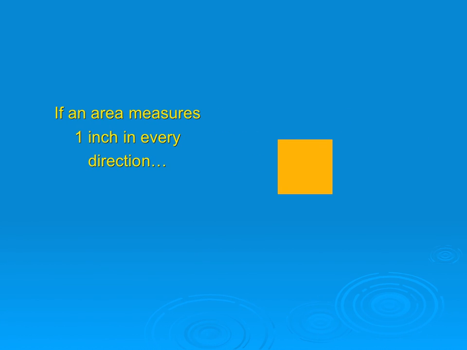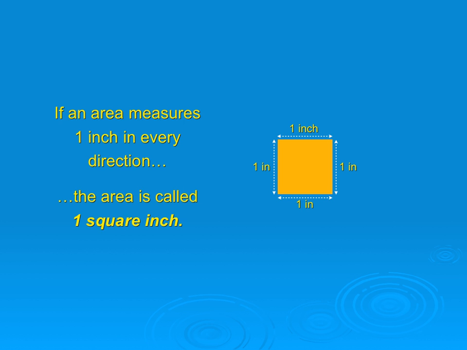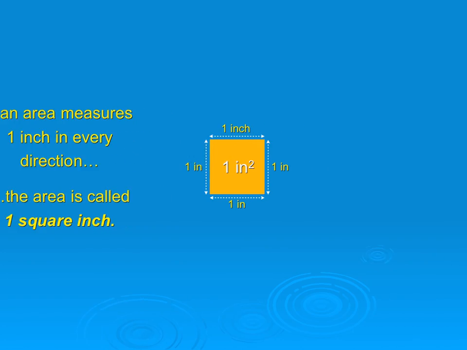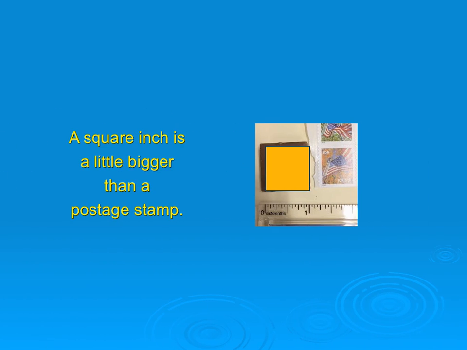If an area measures 1 inch in every direction, 1 inch across the top, 1 inch along the right side, 1 inch at the bottom, 1 inch on the left side, the area is called 1 square inch. A square inch is a little bigger than a postage stamp.